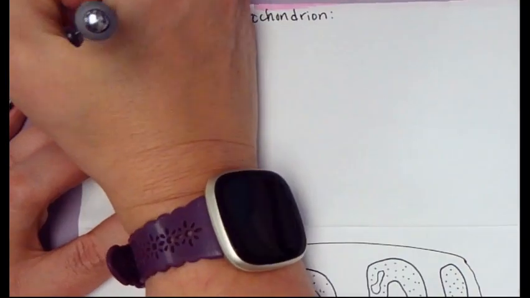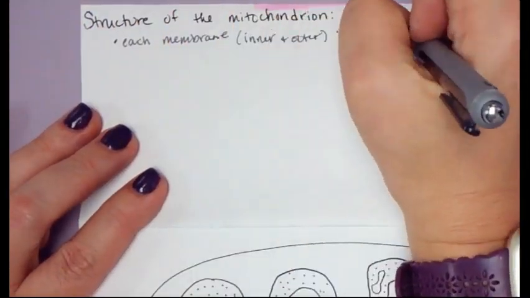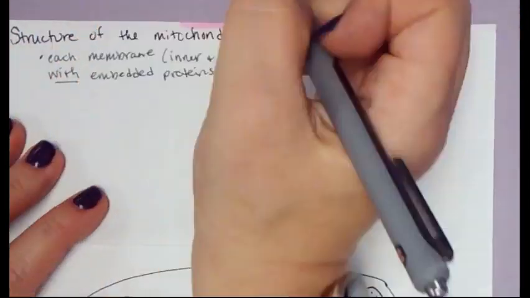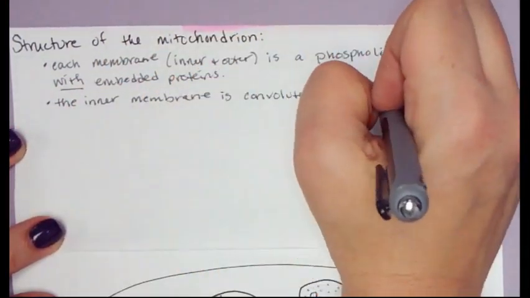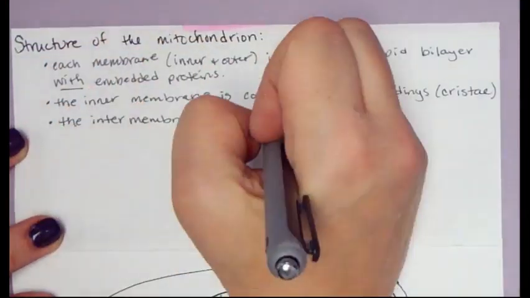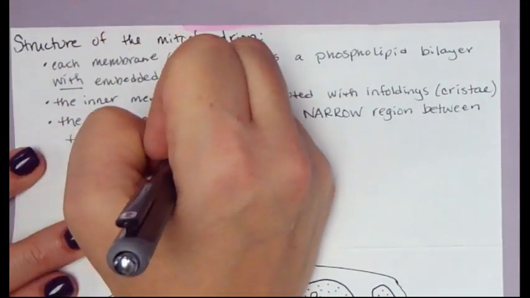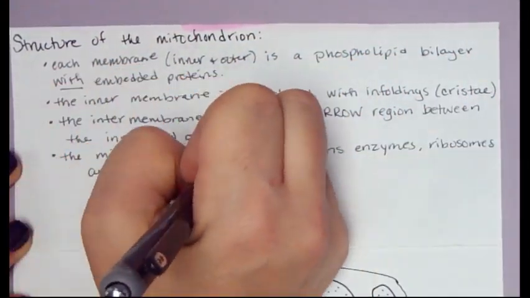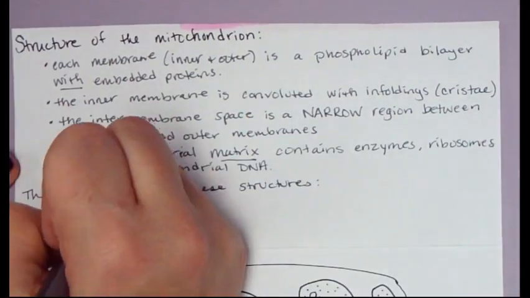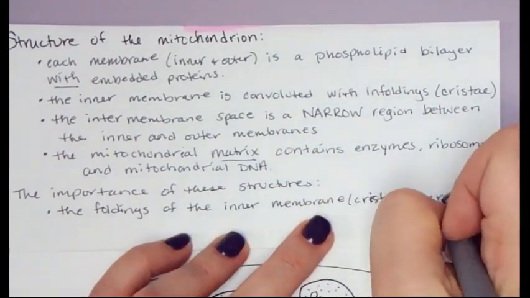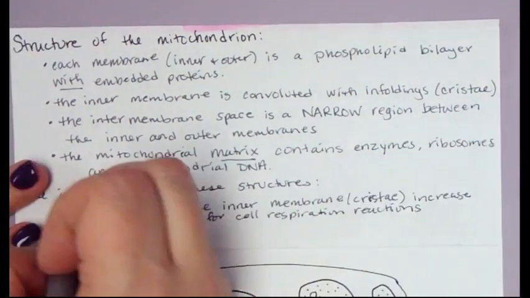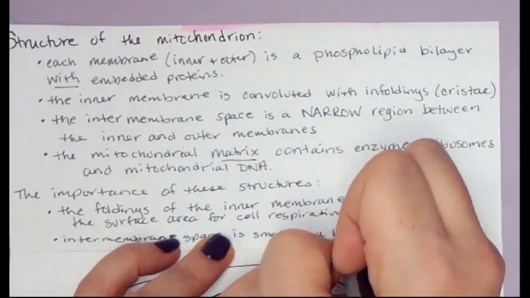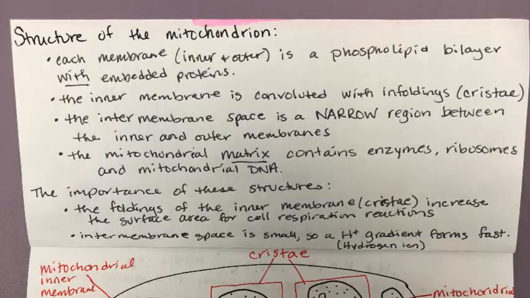It's important that you know that each membrane, both the inner and outer mitochondrial membrane, is a phospholipid bilayer, and it has embedded proteins. The inner membrane itself is convoluted with enfoldings, and we call these things the cristae, and the intermembrane space is very narrow, and that is the region between the inner and outer membranes.